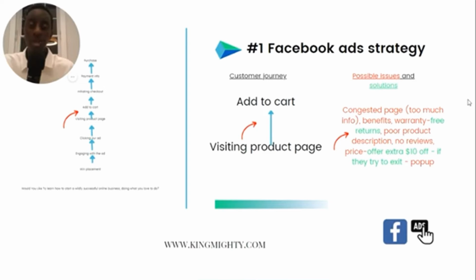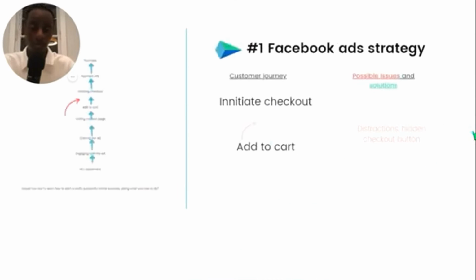And that's if they try to exit. You can add a pop-up that says, hey, 10% off, right? Now, like I said, that 10%, you can offer them a coupon code, which you hide in the footer, and mention it straight away so that when they reach the end, they always remember that it's in the footer, so they don't have to skip back.